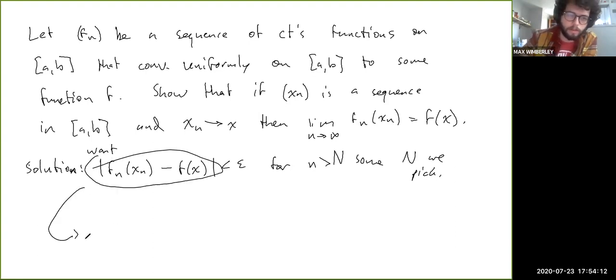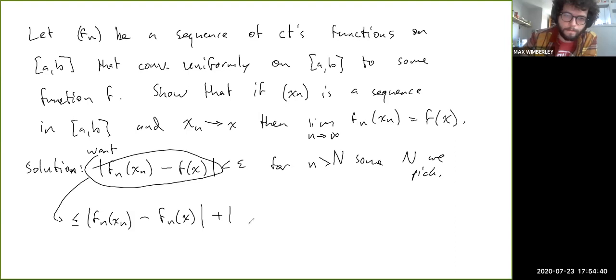What comes to my mind is this. So this is less than or equal to fn of xn minus fn of x plus, and then fn of x minus, oh wait, maybe it is just epsilon over 2.